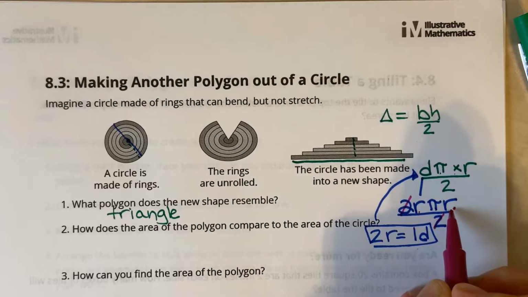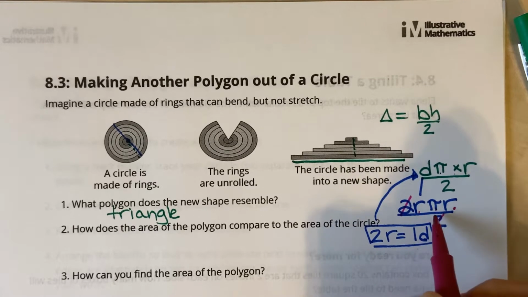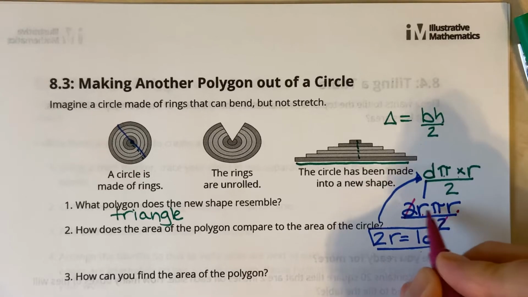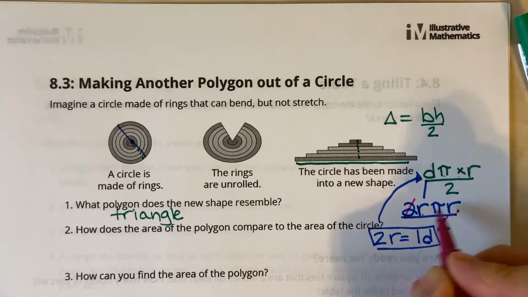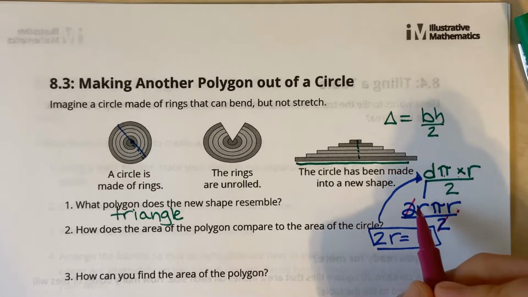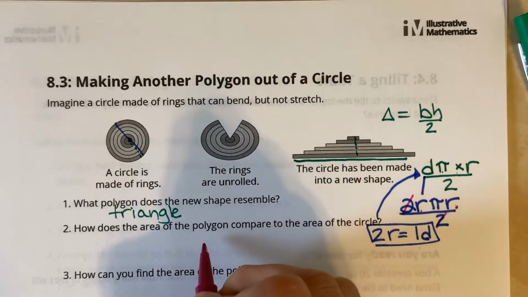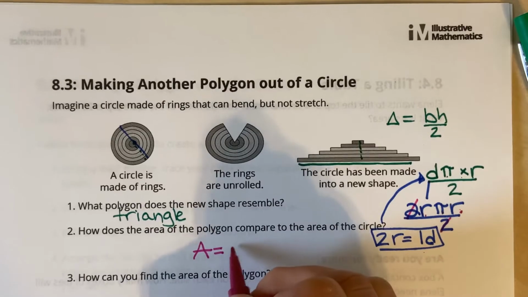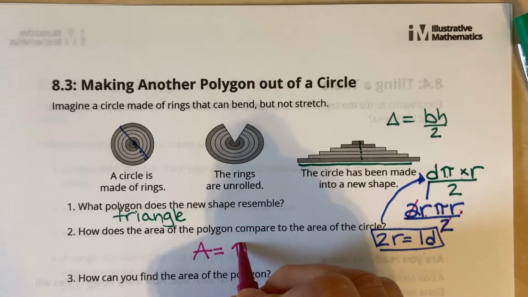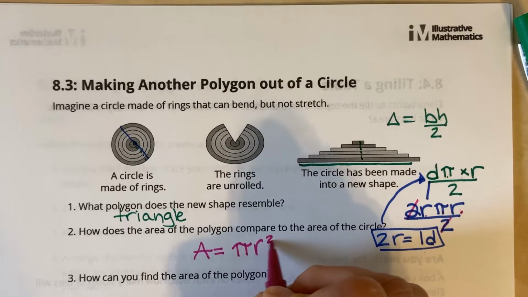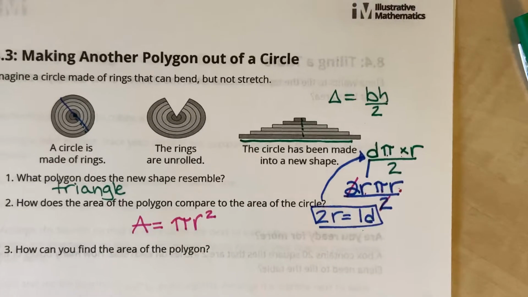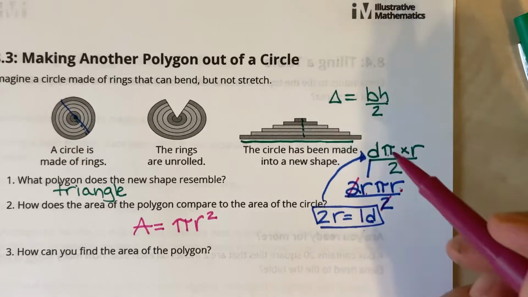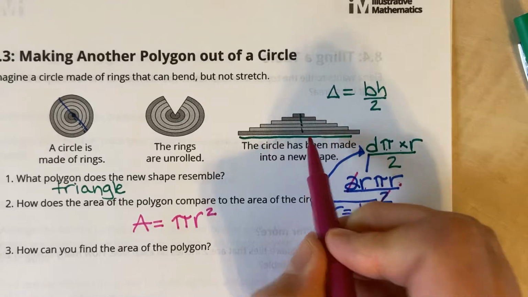What do you do when you have 2 numbers times each other or themselves? So this would be radius squared, okay? Because radius times radius, 3 times 3 is 9, so radius squared times pi. So the area of a circle, the way you write it, is pi times your radius squared, okay? That formula came from that triangle, base times height, okay?